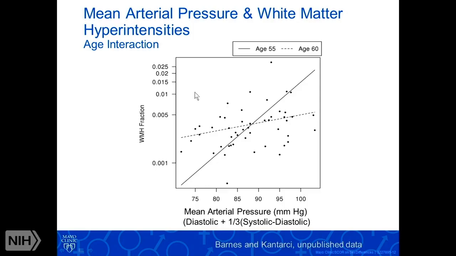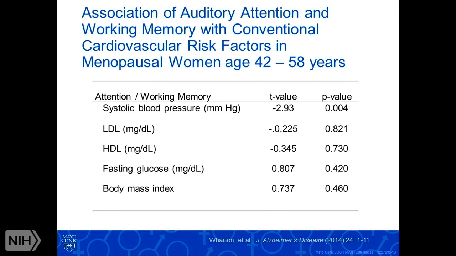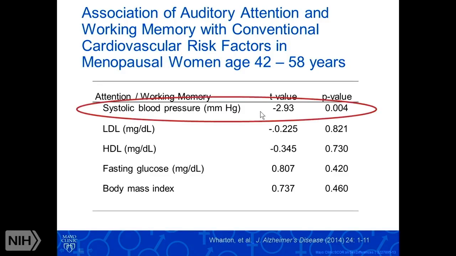Do these increases in white matter hyperintensities or blood pressure have any effect on end organ function? Well, if we look at the cognitive ability of these women using auditory attention and working memory tests, we see that the only conventional cardiovascular risk factor that correlated with a deficit in these two cognitive parameters was blood pressure.